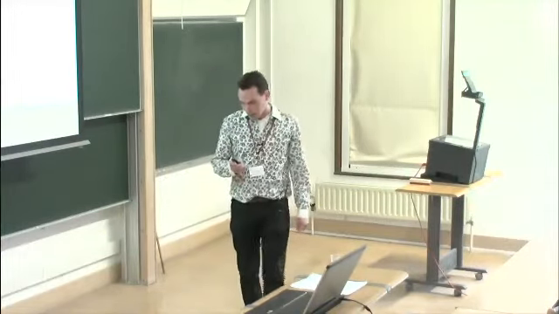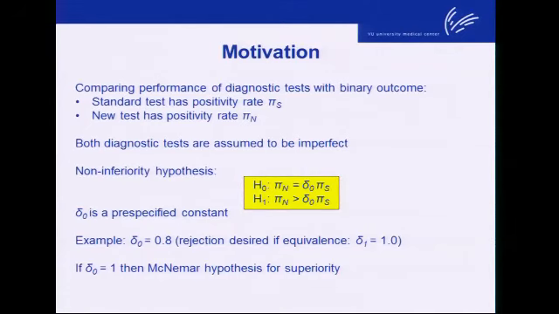So the basic setup is as follows. We have two tests, a standard test and a new test. And our main aim is to compare the positivity rates of these tests.